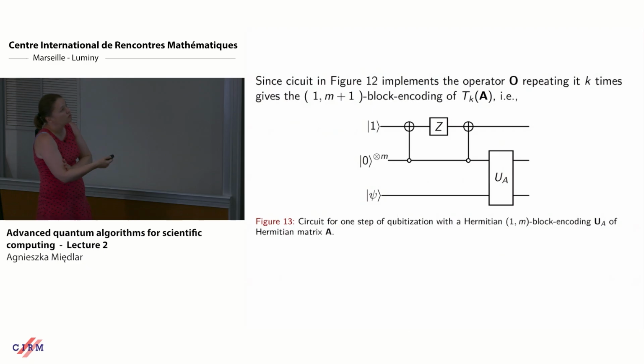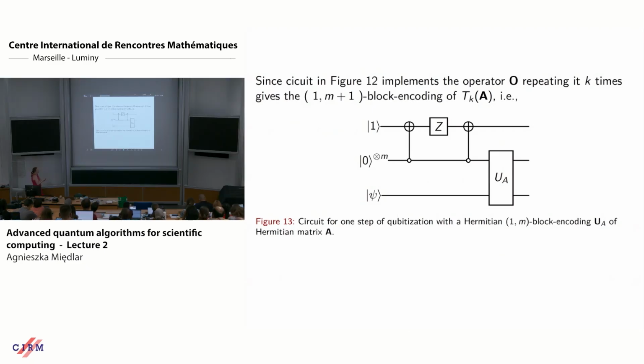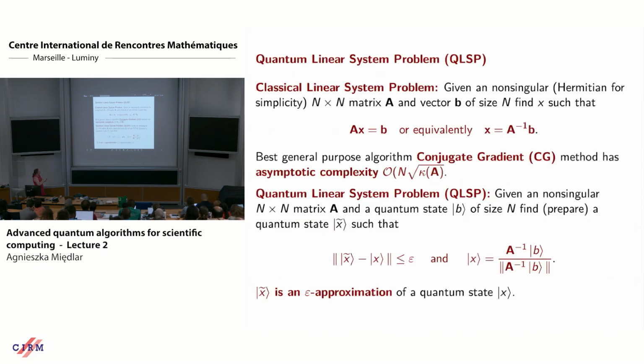That will be the circuit for one step of qubitization with a Hermitian block encoding of the Hermitian matrix. This is the block encoding of your matrix, and here you apply k times your rotation operator, and if you do that, you will get the block encoding associated with the Chebyshev polynomial.